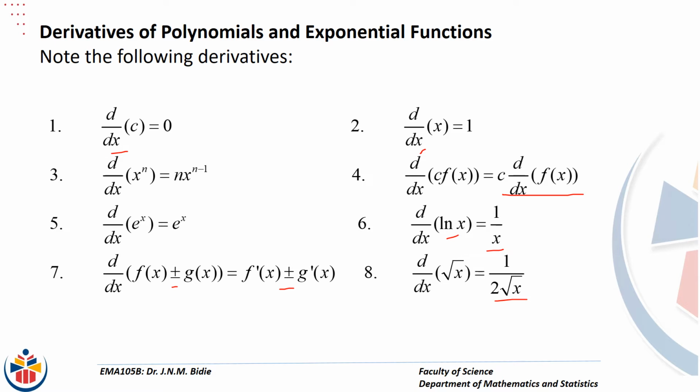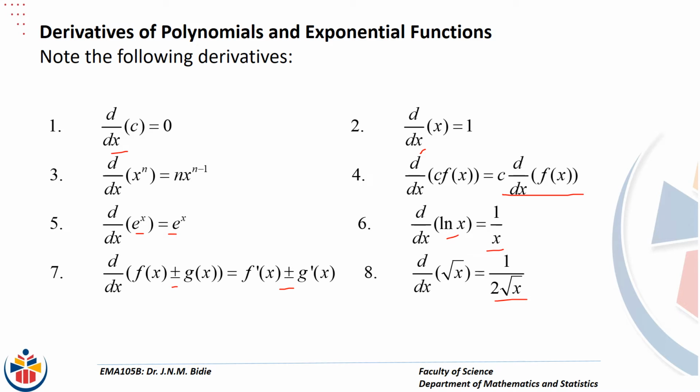Also, the derivative of an exponential function always gives you the exponential function, especially if it is e to the power x. Note that we're going to introduce the derivative of a to the power x, and then you'll be able to see the difference between the two.